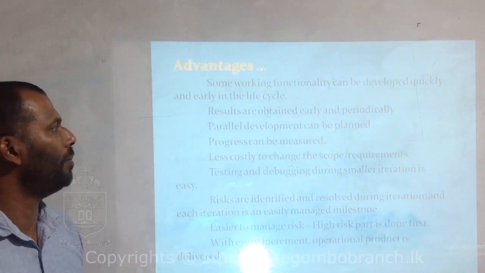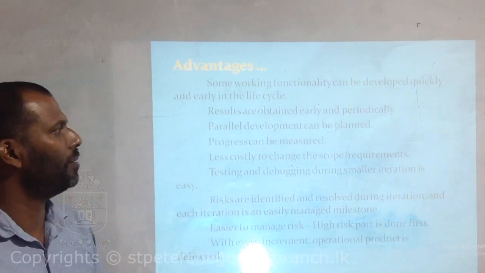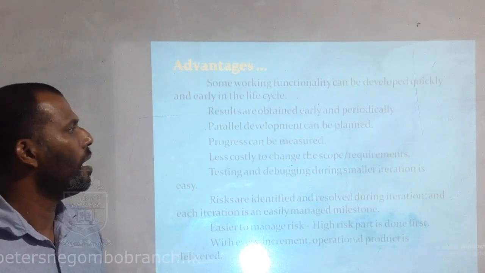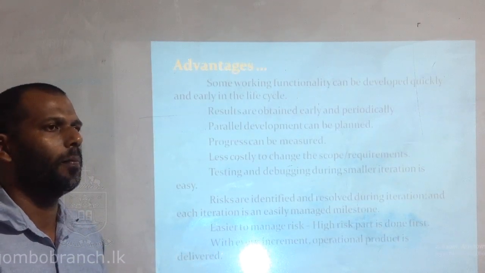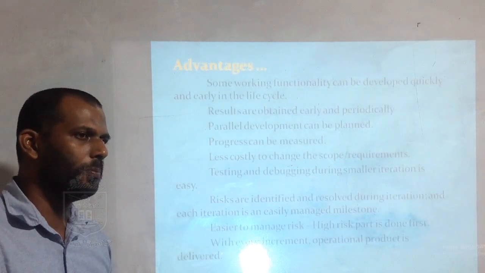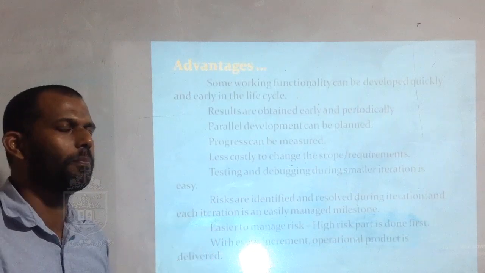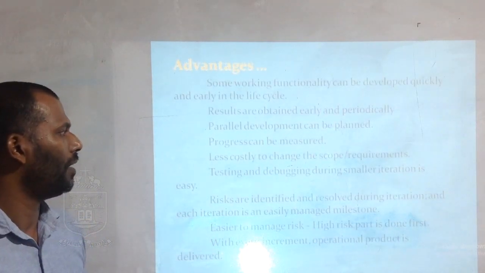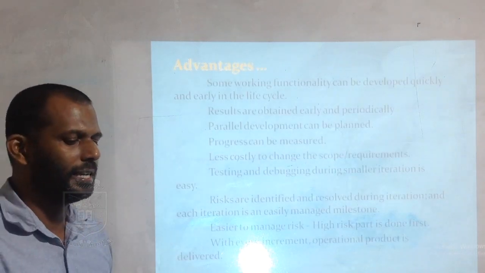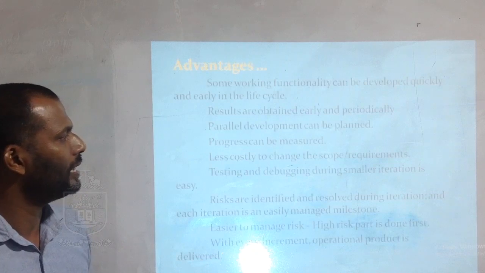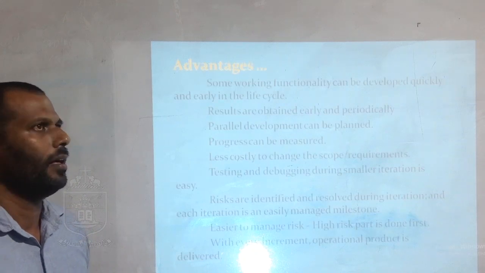Likewise, many parallel developments can be planned, and the progress can be measured. Once you complete your membership part, you will have progress. Now my part is complete. That shows where your project is now.